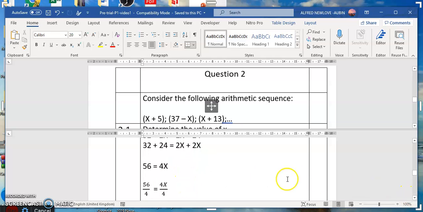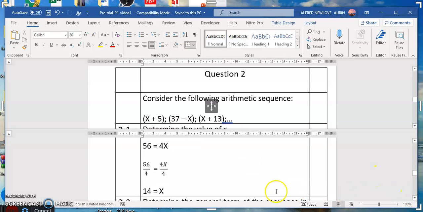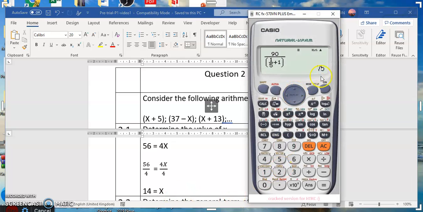Then what do we do? We divide both sides by 4. So this side by 4, 56 also by 4. And when you do that, you are going to get what? 14. Okay, let's use our calculator here. 56 divided by 4. It's going to give us 14.